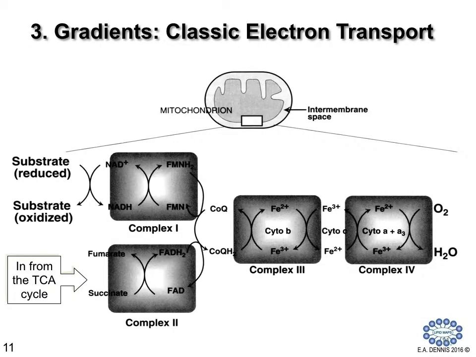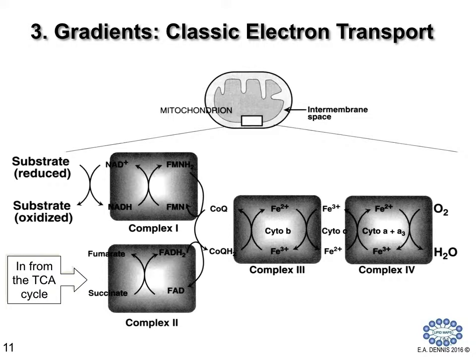Now we come to the third form of energy in the form of gradients, and this is illustrated with the classic electron transport chain. It is located in the mitochondria on the inner mitochondrial membrane portrayed at the top, and we'll say more about the details of this subsequently.